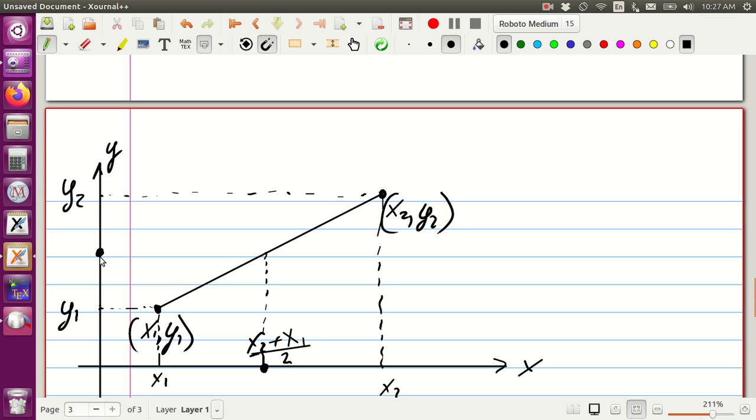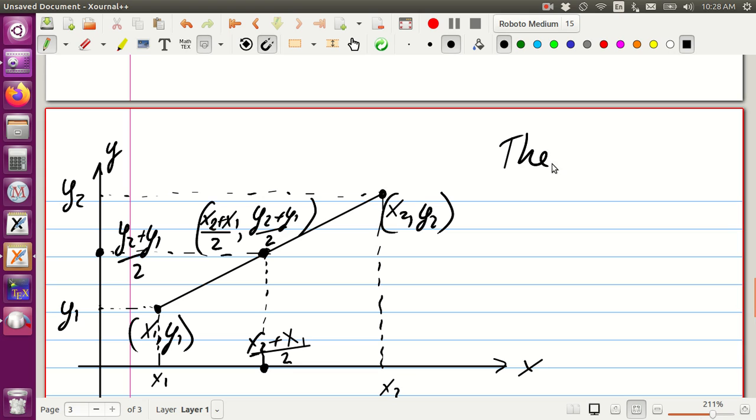And the middle of this line segment would be y2 plus y1 over 2. All right, and this point over here would be exactly the midpoint of the line segment between x1, y1 and x2, y2, denoted by 2 quantities, x2 plus x1 over 2, comma, y2 plus y1 over 2.